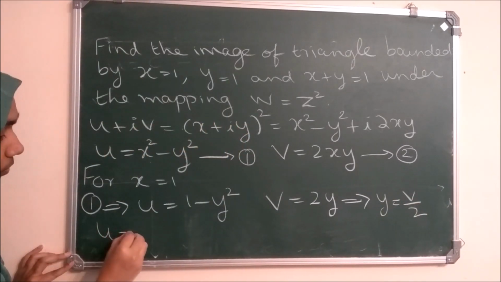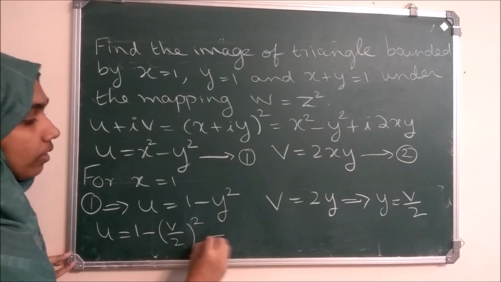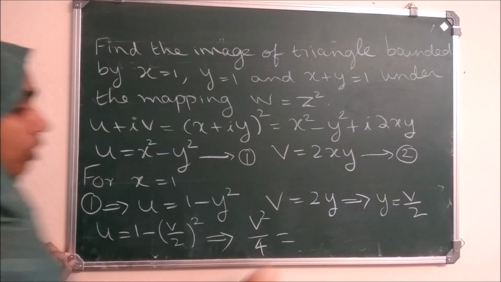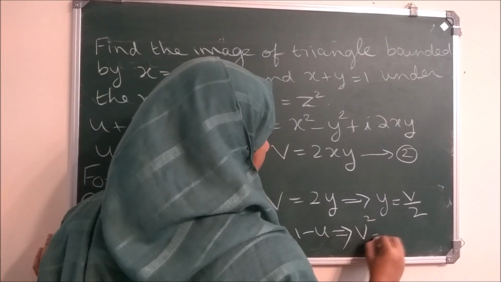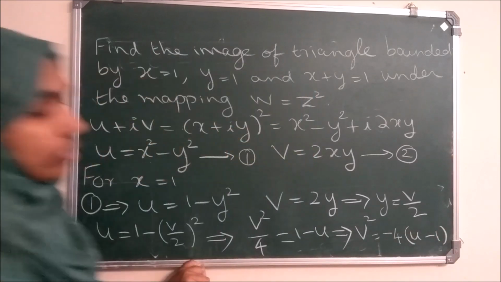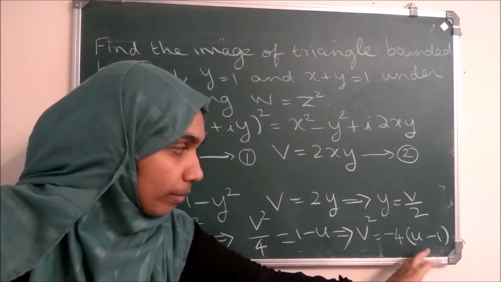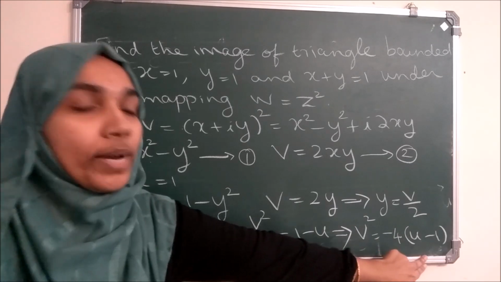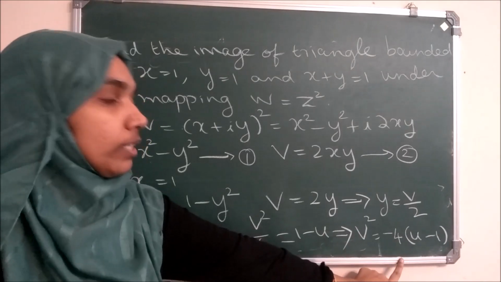So this will become U equal to 1 minus V by 2 the square, which gives V square by 4 is equal to 1 minus U. Or you can see that V square is equal to minus 4 into U minus 1. So we already see that V square equal to minus 4AX is a parabola open to the left. So V square is equal to minus 4 into U minus 1 is also a parabola. So you can see that X equal to 1 is mapped to this parabola.